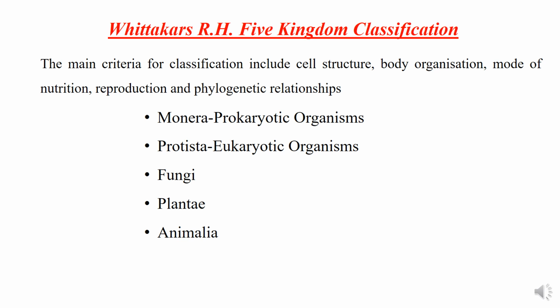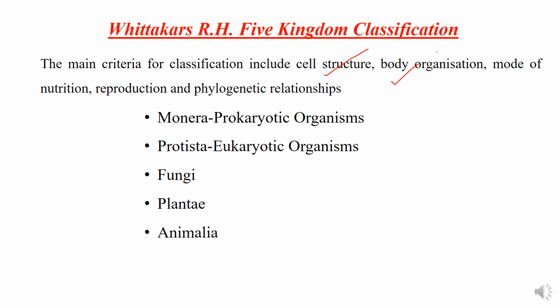The main criteria for this classification are cell structure, how the cell looks, what the structure of the cell is, what the cell organelles are, and body organization. Then mode of nutrition, that is absorptive mode, heterotrophic nutrition, autotrophic nutrition, and reproduction biology, and phylogenetic relationship. This phylogenetic relationship is very important, how the organism evolved from its ancestors.